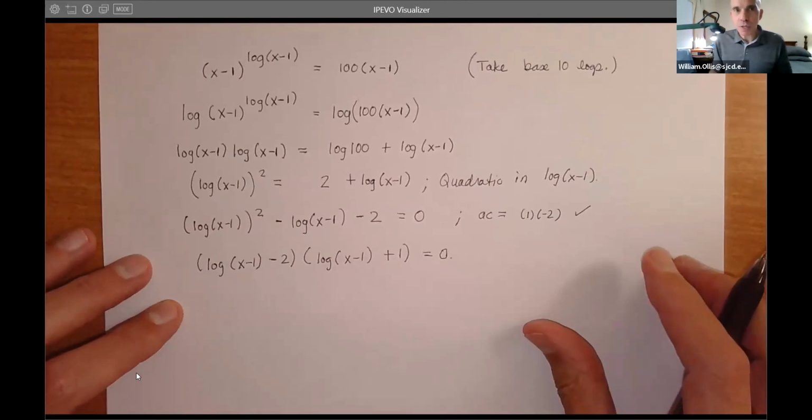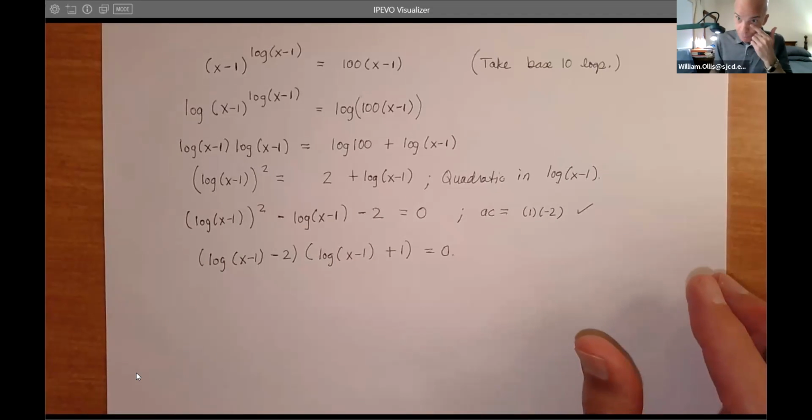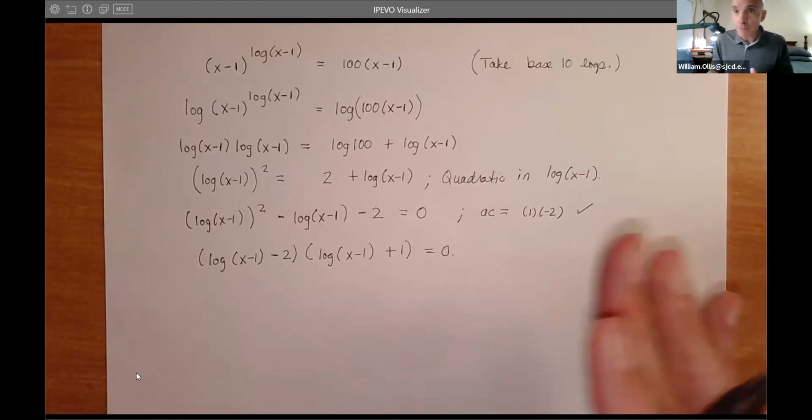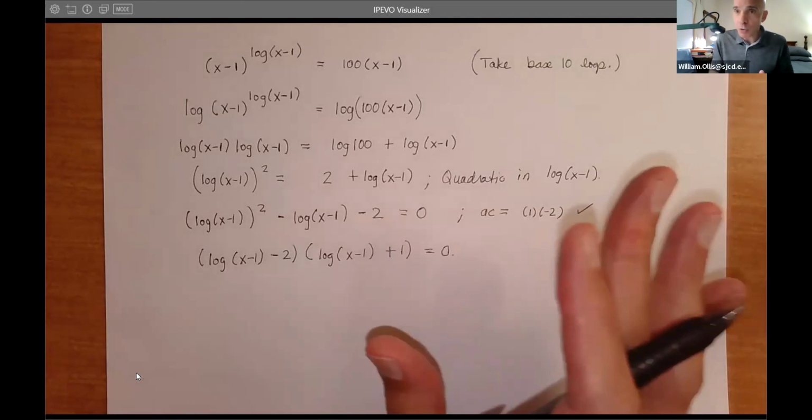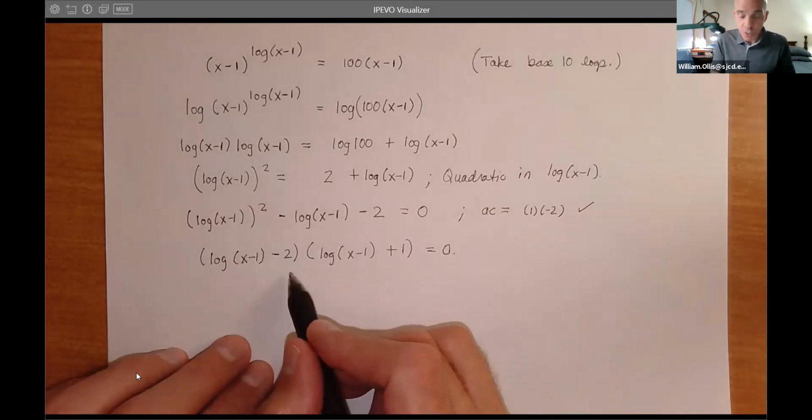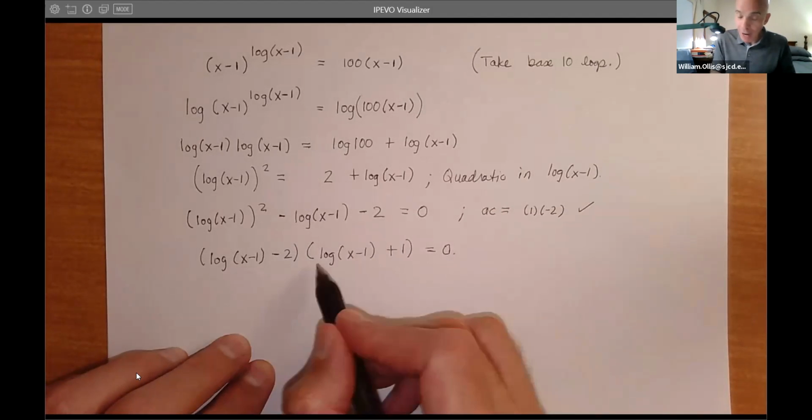So I thought this was a good question and was worth repeating. Again, if there's some problems during my conference hours that are good, I want to share those with everybody. And now we use the zero product, set each of these factors to 0.